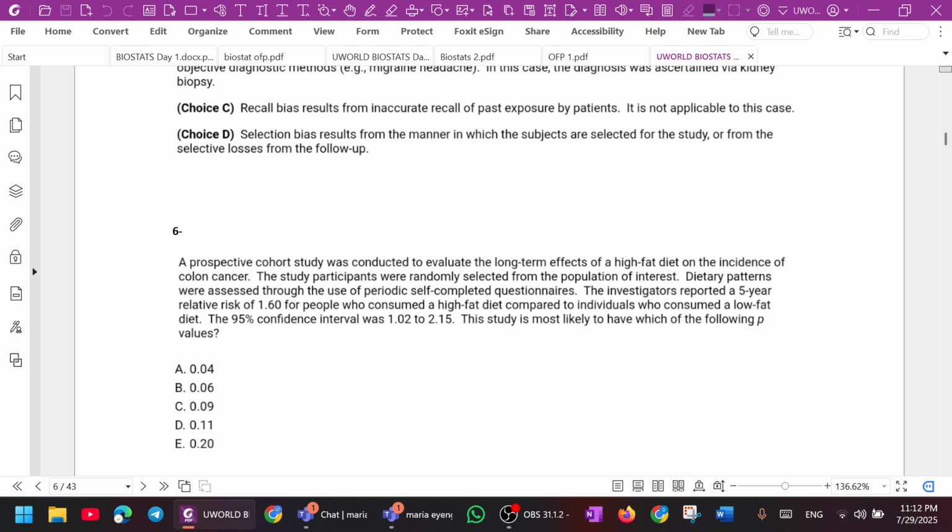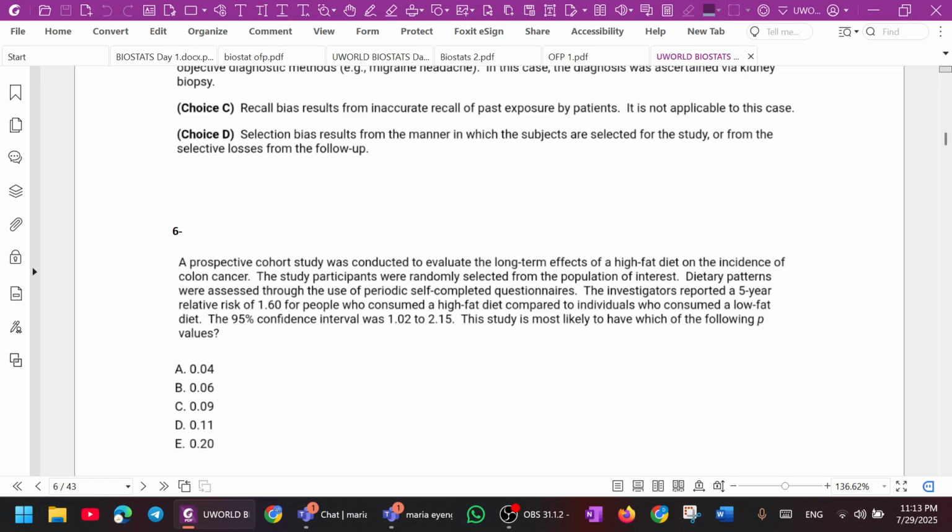What's the first thing you usually do? You check if it's statistically significant, right? Yes. It is statistically significant as the relative risk falls into the confidence interval, and usually the p-value should be 0.05 or less than 0.05, isn't it?